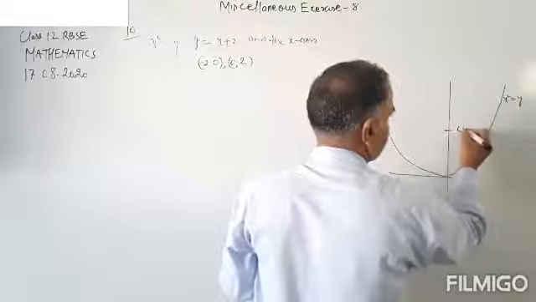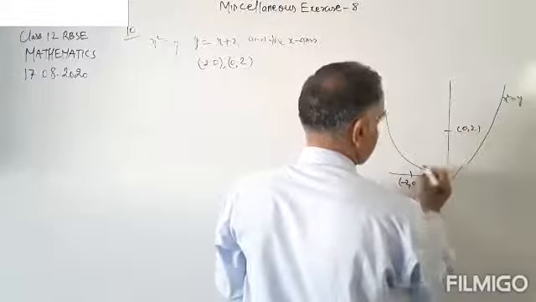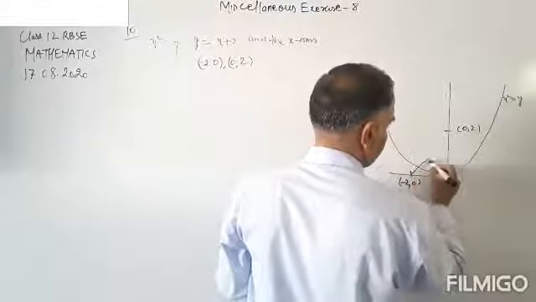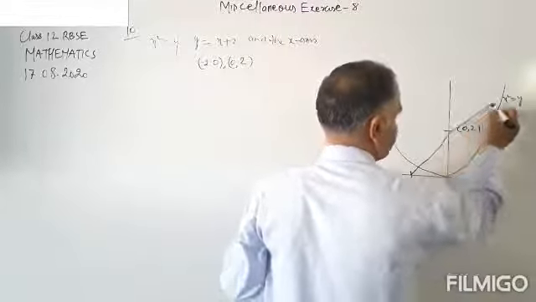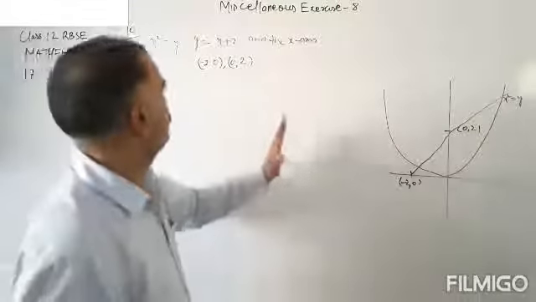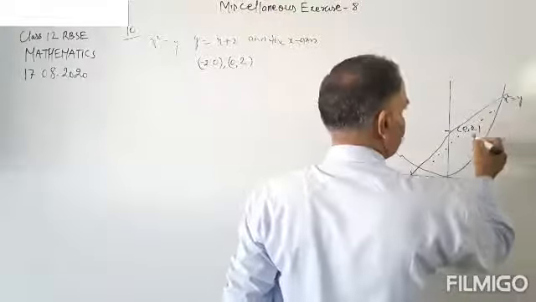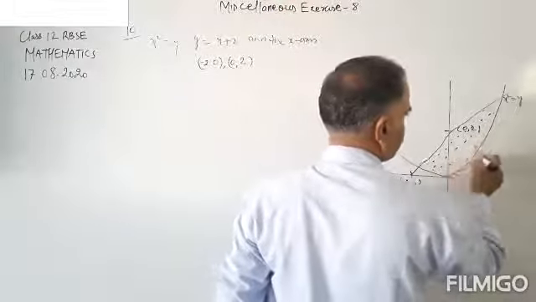So this is 0, 2 and this is minus 2, 0. This line will intersect the curve here. Okay, so the area that we want to find is this.